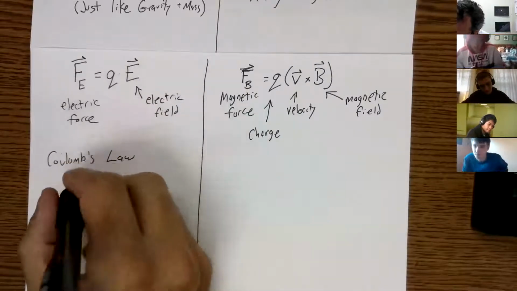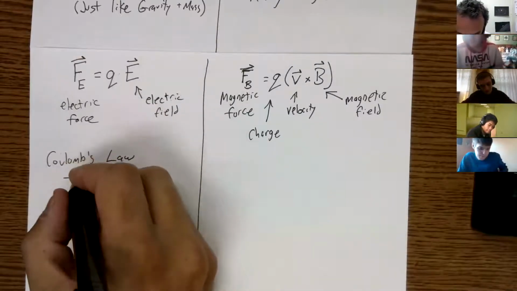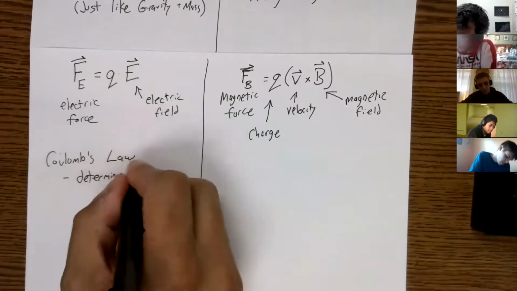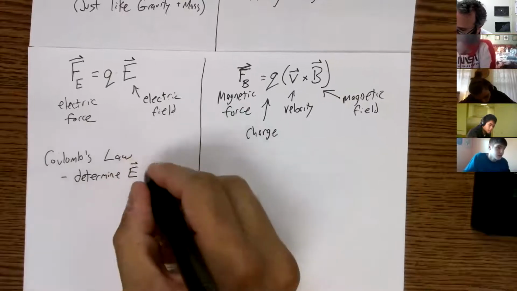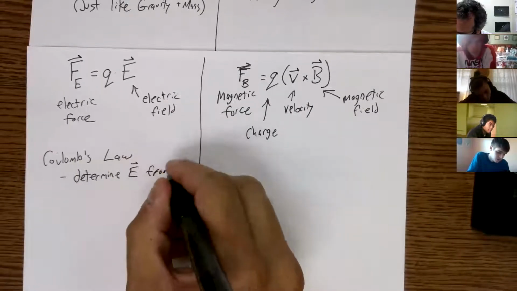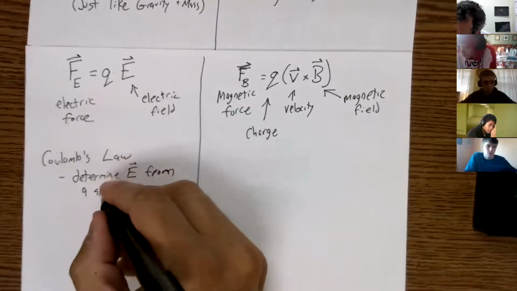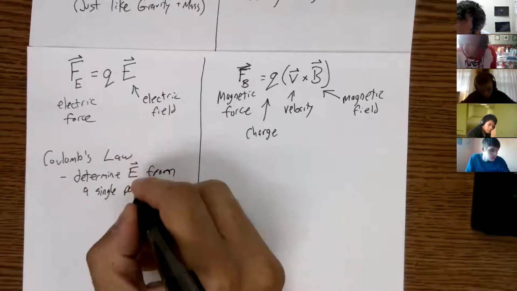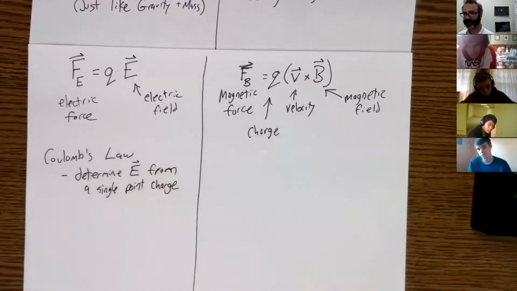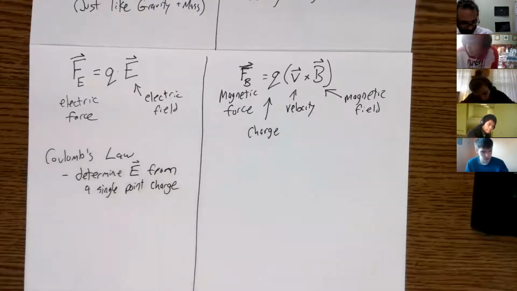With this we can determine the electric field from a point charge, a single point charge. That's the easiest electric field, the electric field from a single point charge, positive or negative.